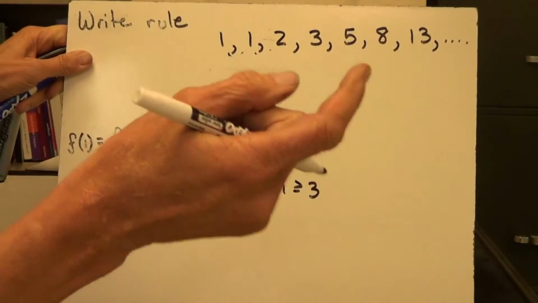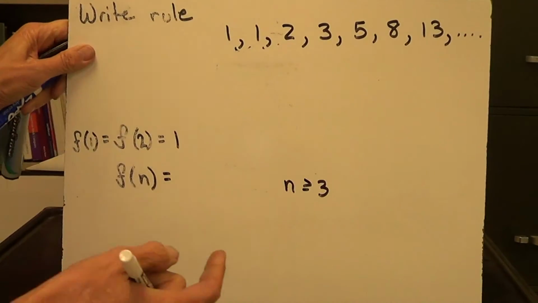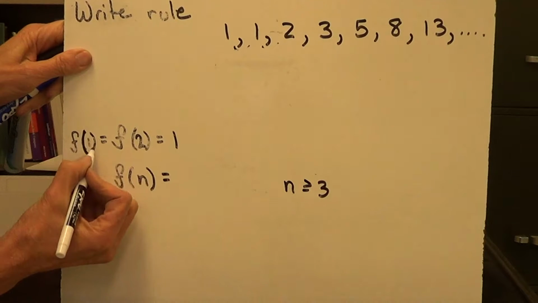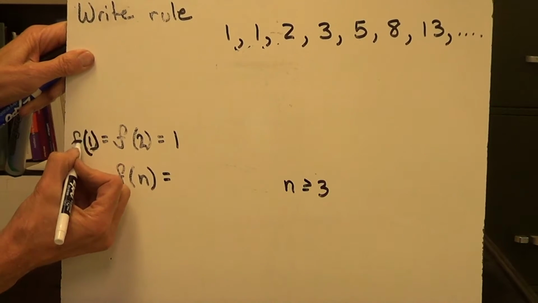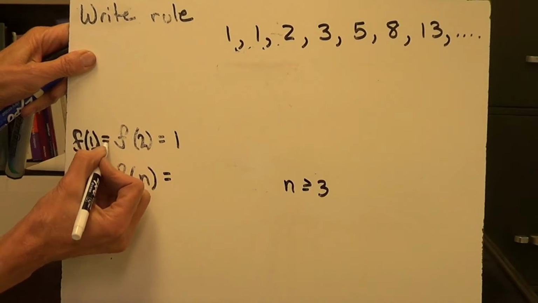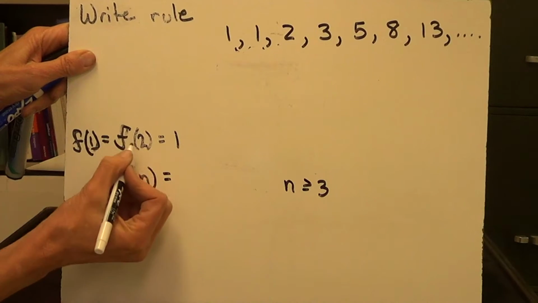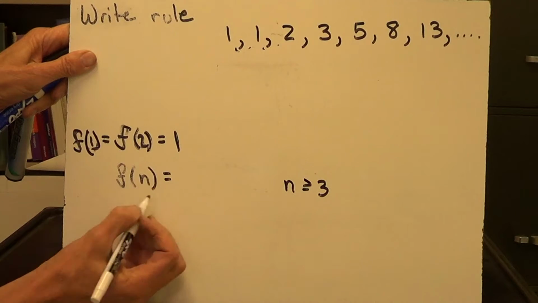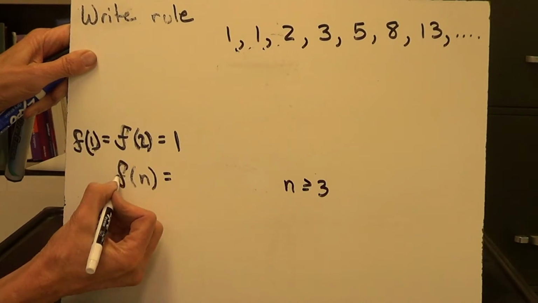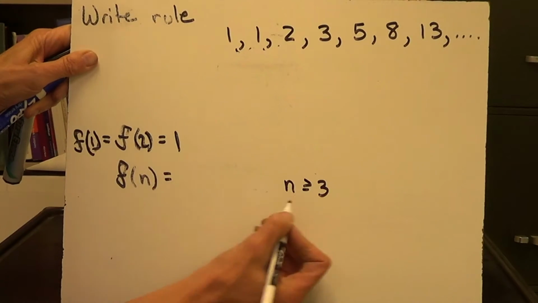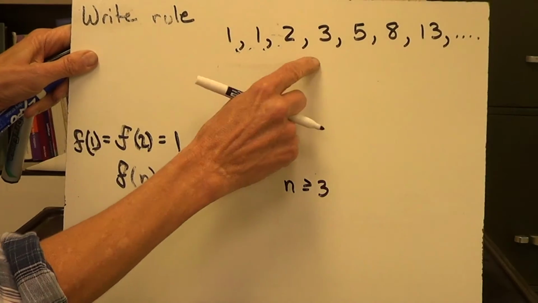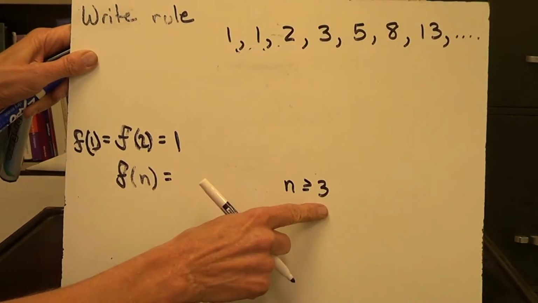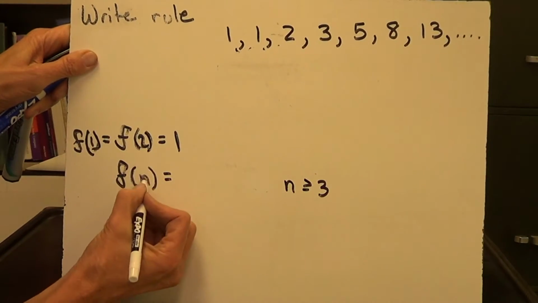We're going to have to rely on a recursive type of formula. So for F1 and F2, we would just say, hey, these two don't need each other to get the next one. They're just equal to 1. But for anything beyond the first 2 terms, the term number 3 and beyond, we can use this formula.